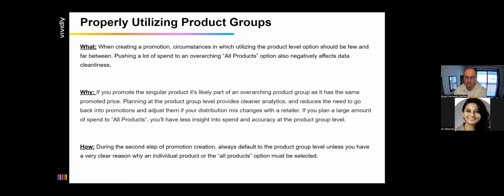4 months down the road, you end up gaining new distribution with them and you cut in a few new items. Well, now you have to go back to all those promotions and edit them to add in those additional items. Instead, you could have just planned to that product grouping. And then any new products that get added to your set, they're already part of that product grouping.